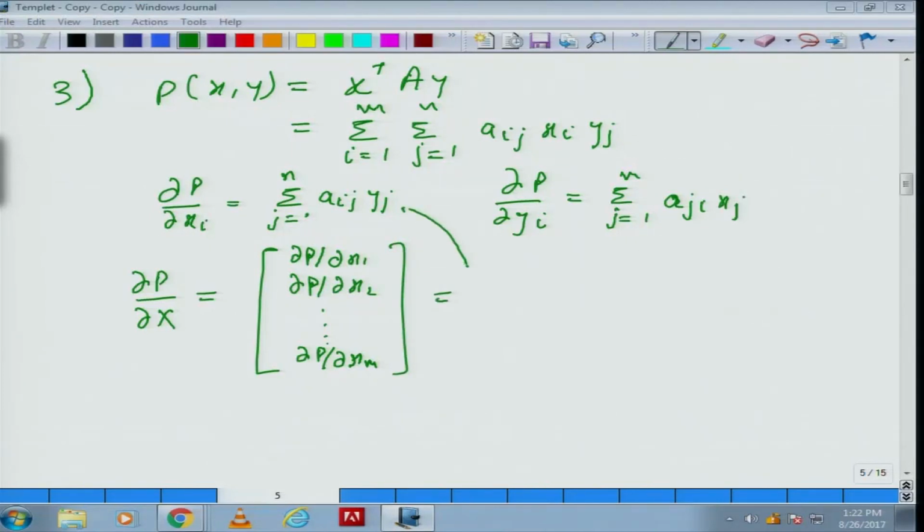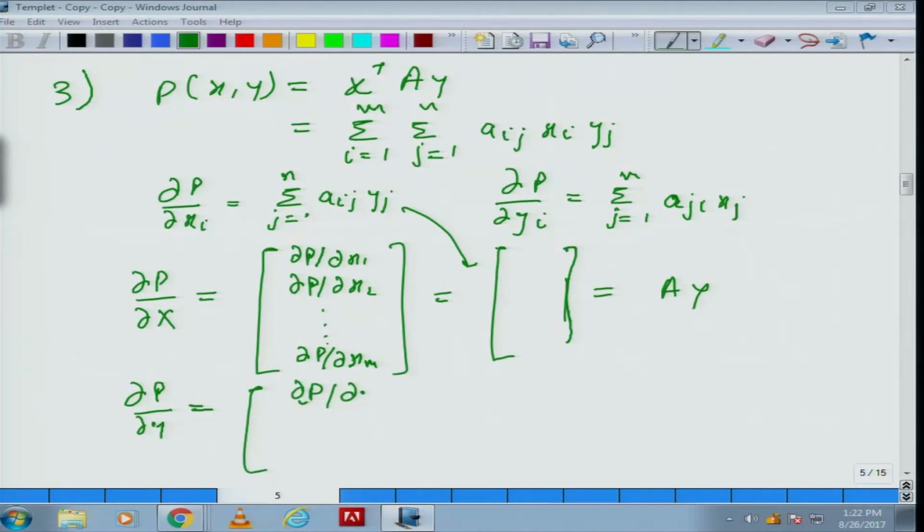So just substituting this formula here for the various values of i, you will find this to be equal to Ay. Now just solve it, proceed step by step, and you will get this result. Similarly for del P by del Y, this gradient is similar, and on solving, the result comes out to be A transpose into X.